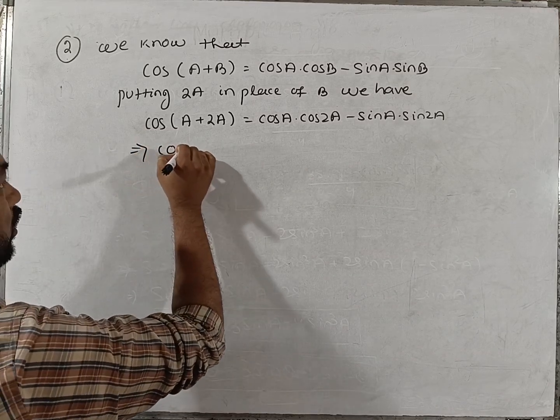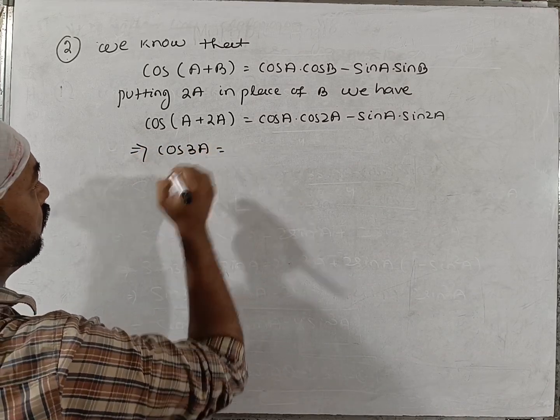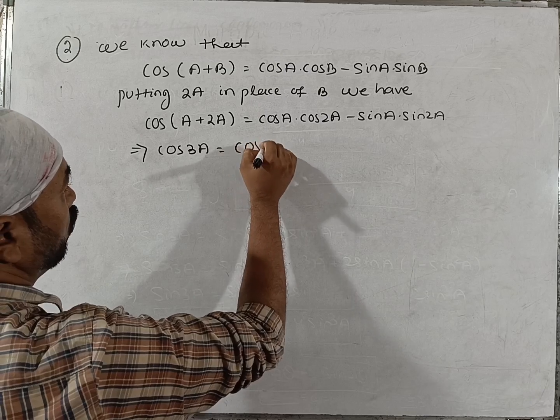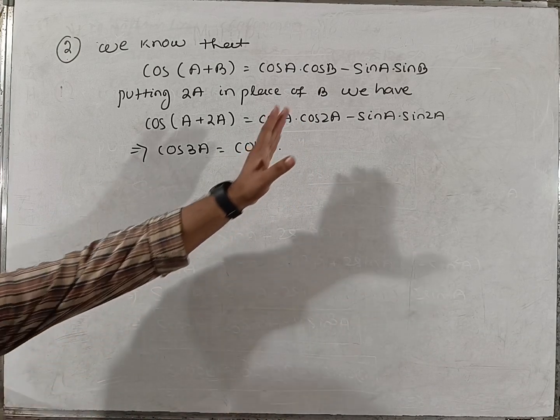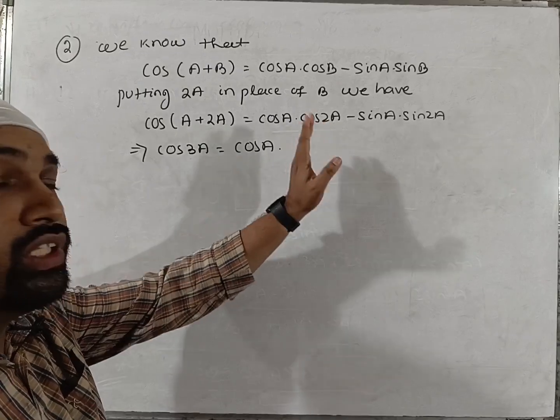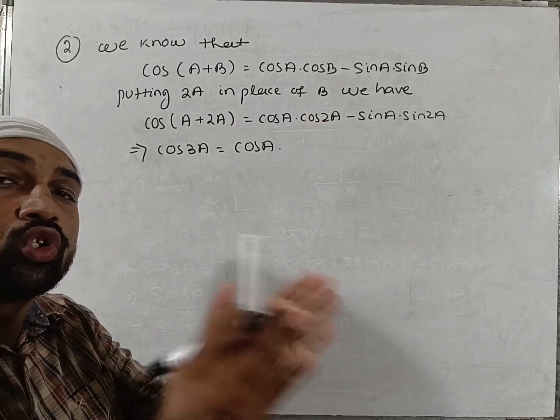Then it will be cos 3A is equal to cos A times cos 2A. Again, we have to put the value of cos 2A which contains only the cosine terms.